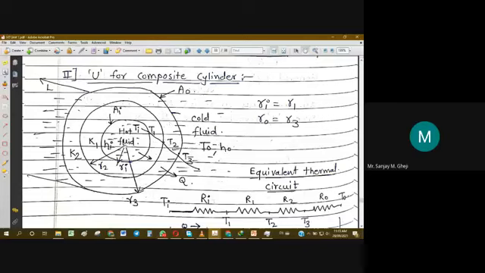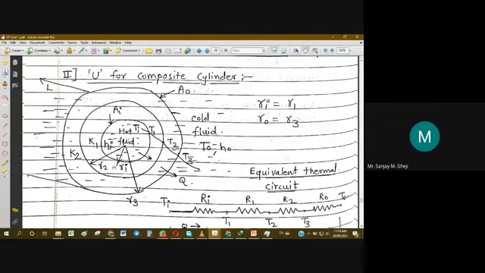Now let us say geometrically, the inside radius of the tube is Ri, the outside radius of the inner tube is R2, and the radius of the outer layer of insulation or outer pipe is R3.